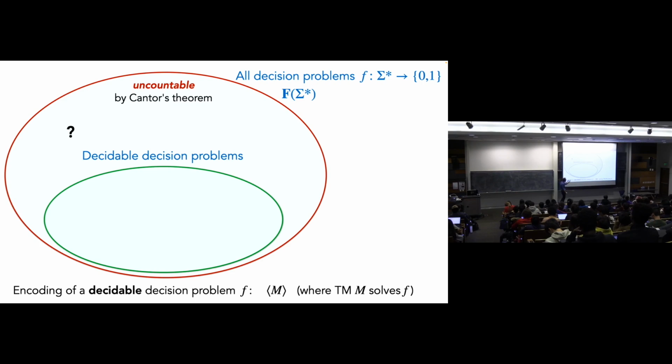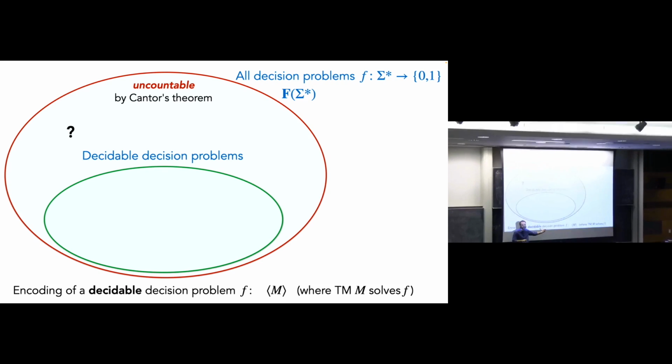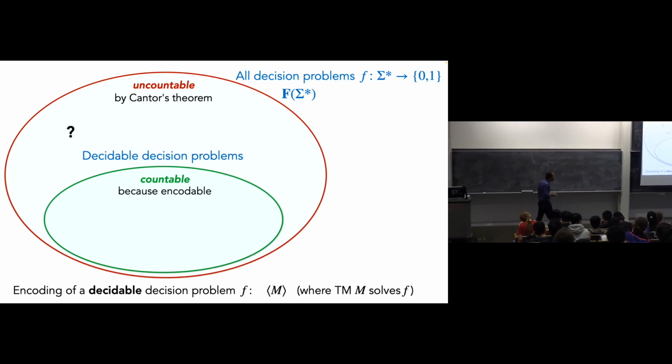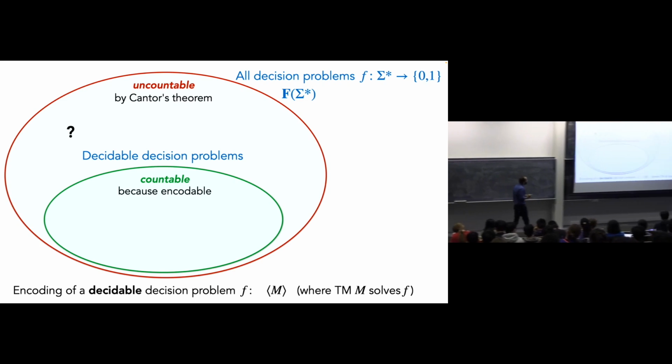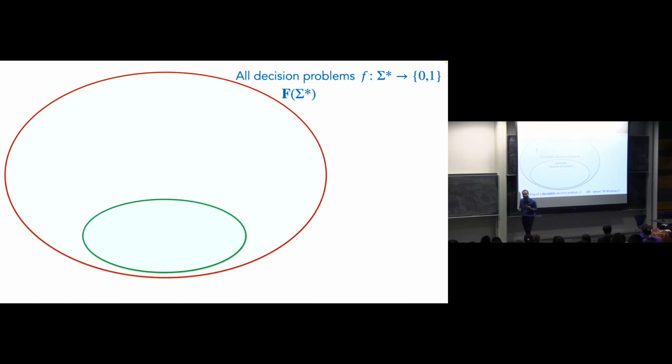By definition, a decidable decision problem is one such that there exists some Turing machine that solves it. There might be multiple Turing machines, that's fine. I'll take an arbitrary Turing machine that solves that decision problem F and use the encoding of that as my finite encoding of the decidable decision problem. So therefore, using the equivalence with encodability, we can say that this set is countable because it's encodable.